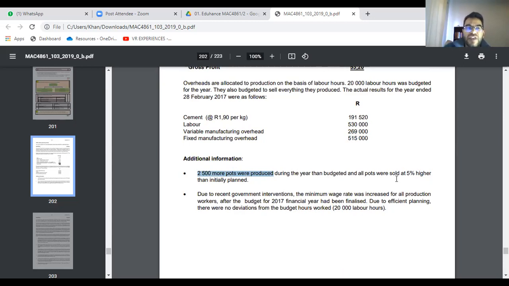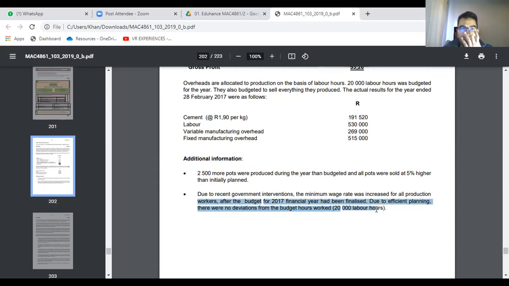So the volume variance for sales is going to be favorable, and we sold at a higher rate, so the price variance for sales is also going to be favorable. They're telling you that the minimum wage was increased, so the rate is going to be unfavorable, and there's going to be no deviation, so the budget and actual are going to be exactly the same.